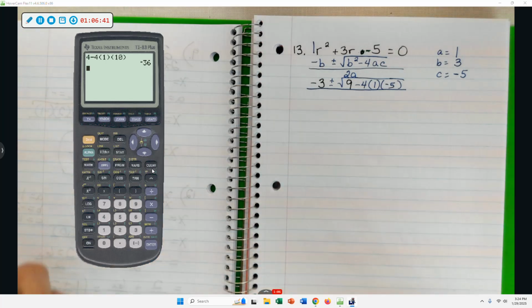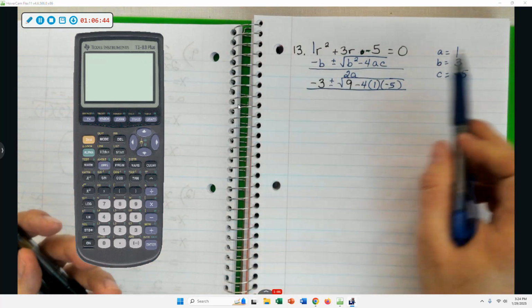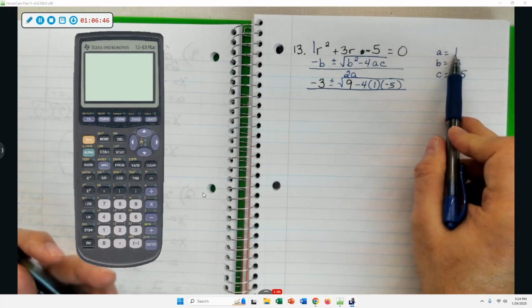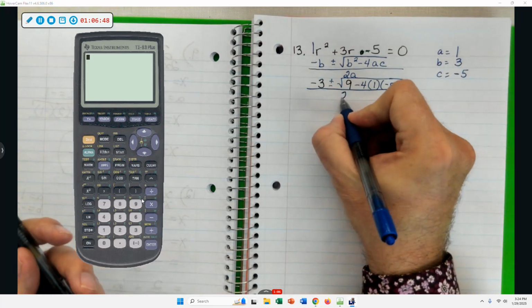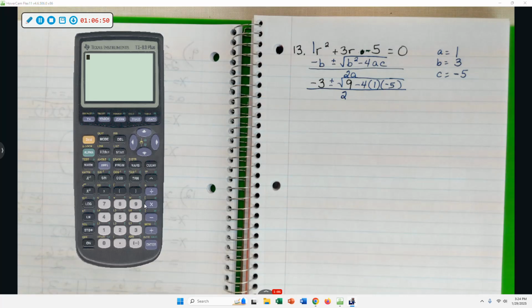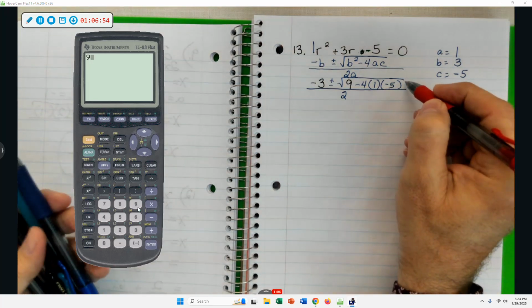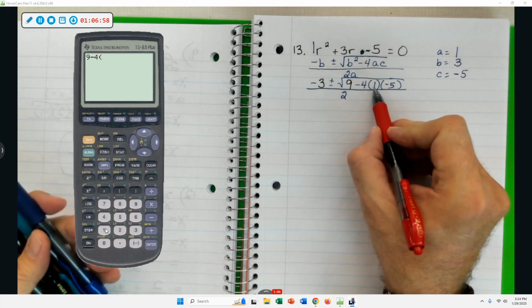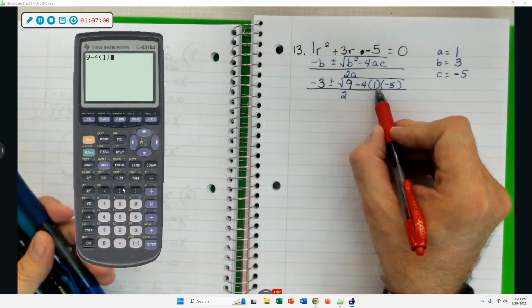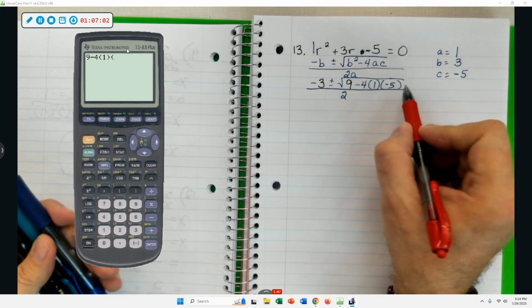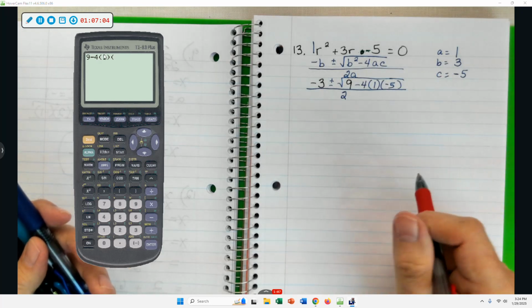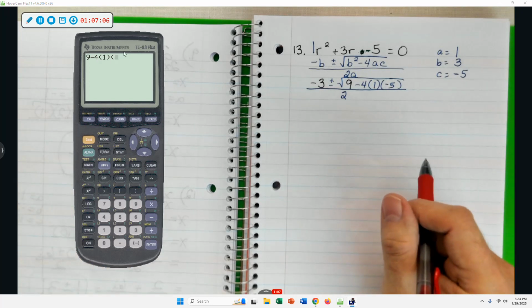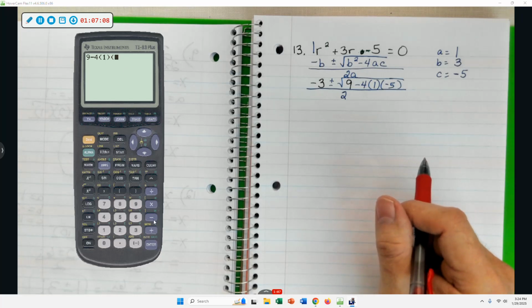We can do that in our head. What's 2 times 1? 2. Working under the radical, it looks like you have a 9 plus 20. You have a 9 minus 4 times 1 times... if you're using a calculator like this, you better make sure you realize this calculator has a separate minus key from a negative key.